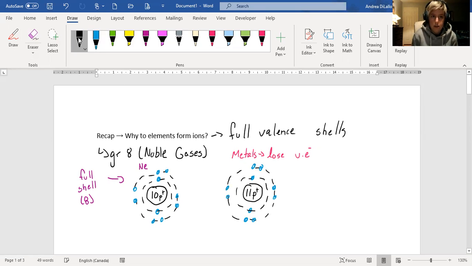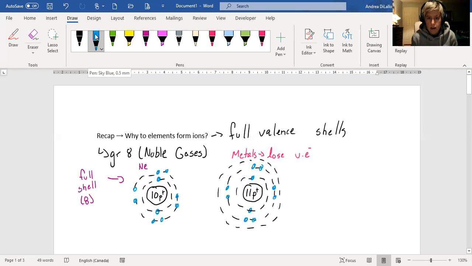And its third shell, because again, sodium is in period 3, and because it is in the alkali metals, group 1, has 1 valence electron. So we'll draw the valence electron right here. So what I've drawn right now is the sodium atom. Again, the sodium atom has 11 electrons and 11 protons.